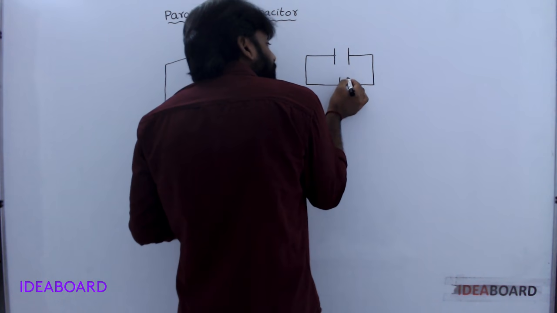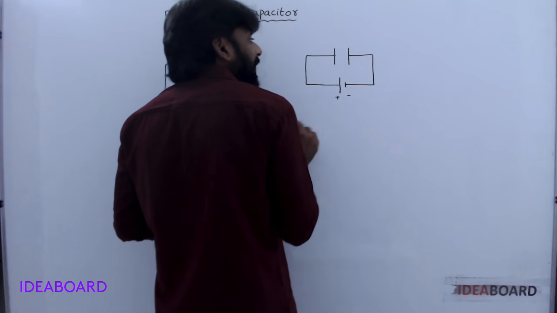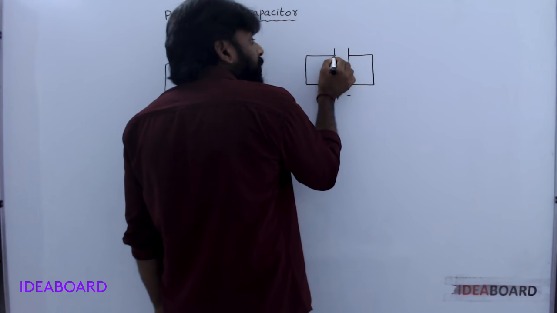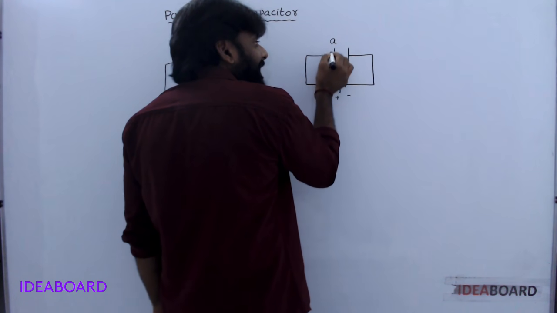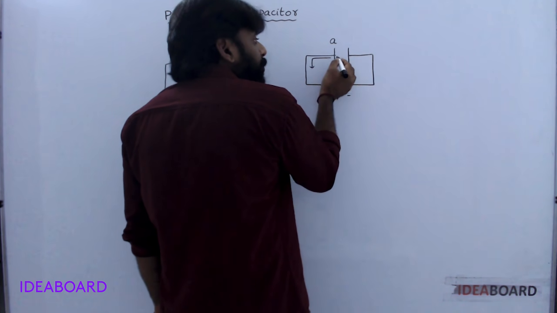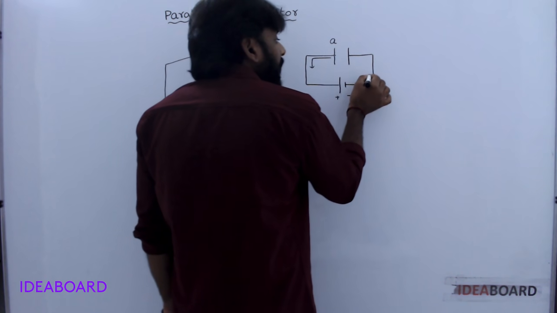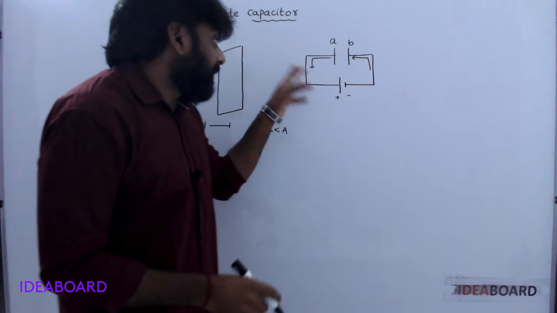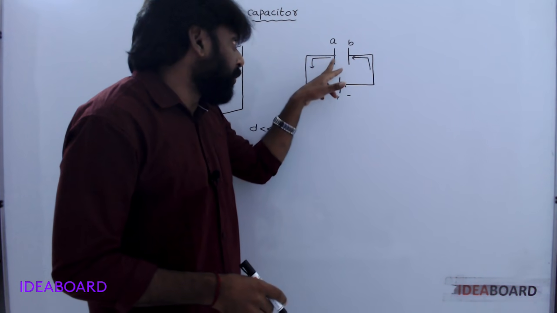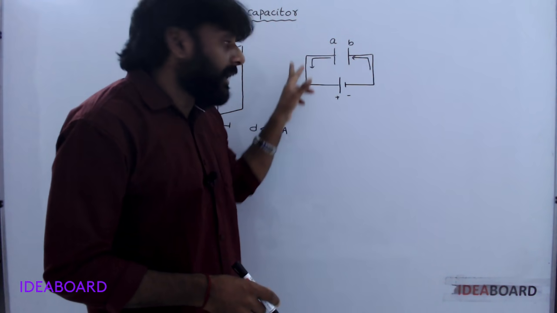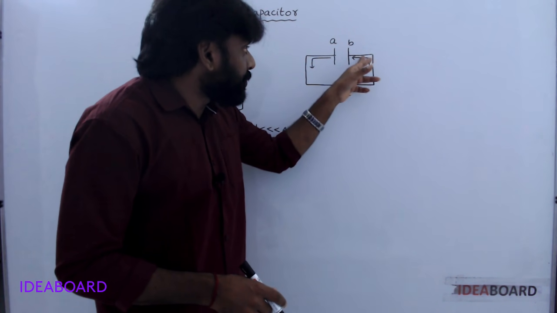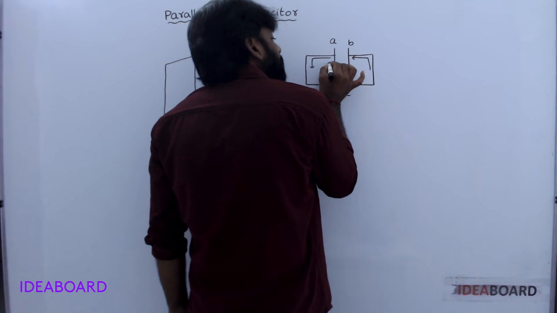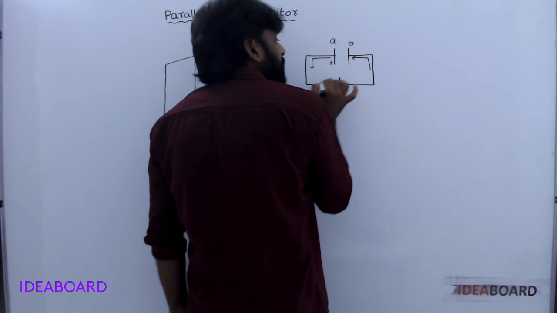Here the battery helps. The battery gives the energy to pull the electron from plate A, and that electron is given to plate B. After the electron is pulled, plate A attains positive charge.